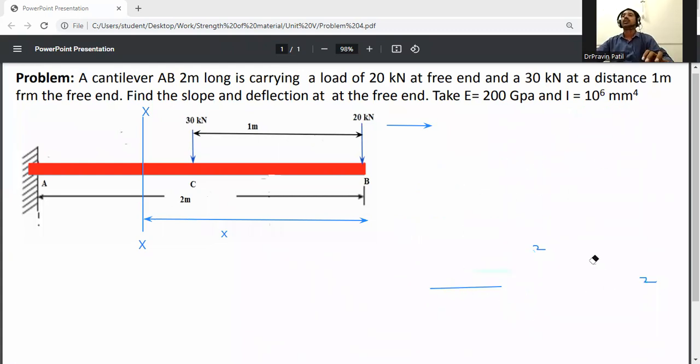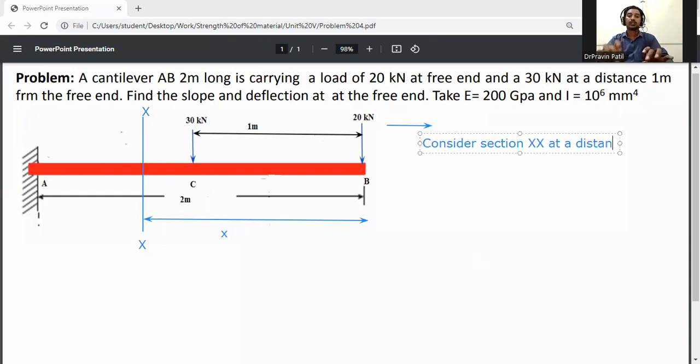Second step: consider section XX at the distance x from free end.